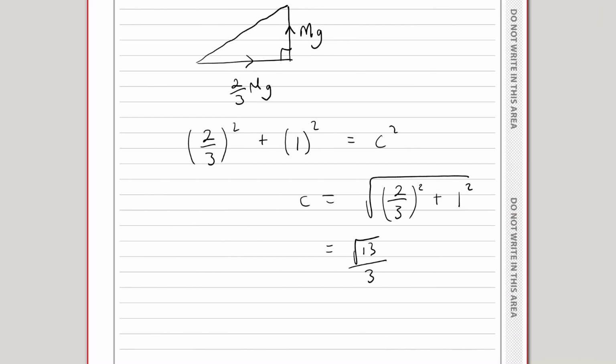So in terms of mg, square root 13 over 3 mg newtons.